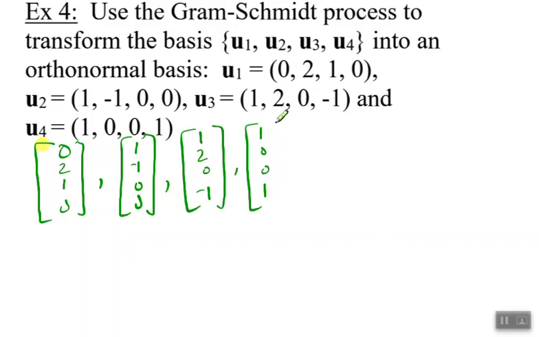So what I'm going to do is, is this first vector orthogonal to any of the other vectors? And that answer is yes. So you could have started with this vector over here because it is orthogonal to that one.